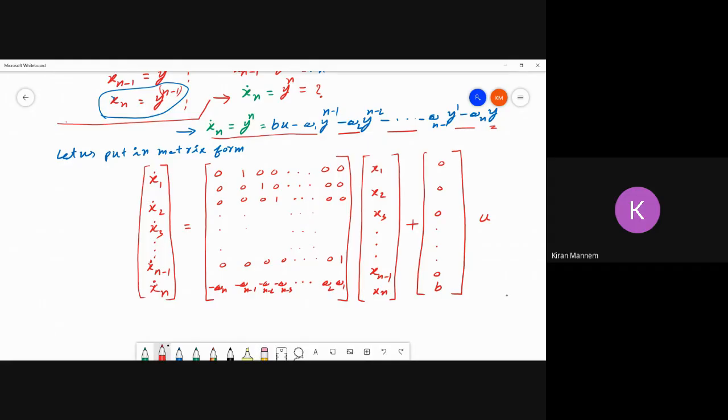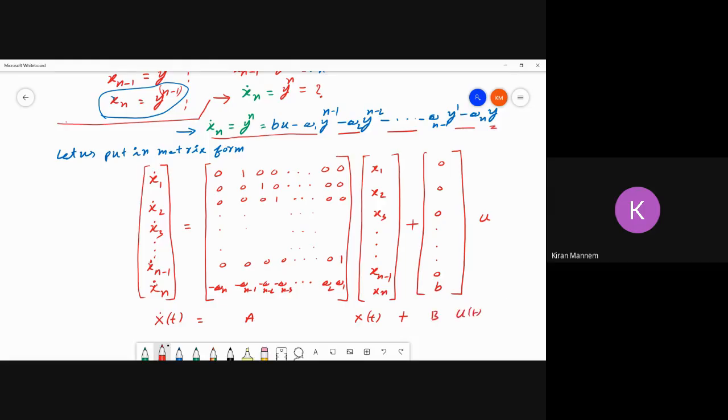Now, what is this? It is x dot of t is equal to A into x of t plus B into u.